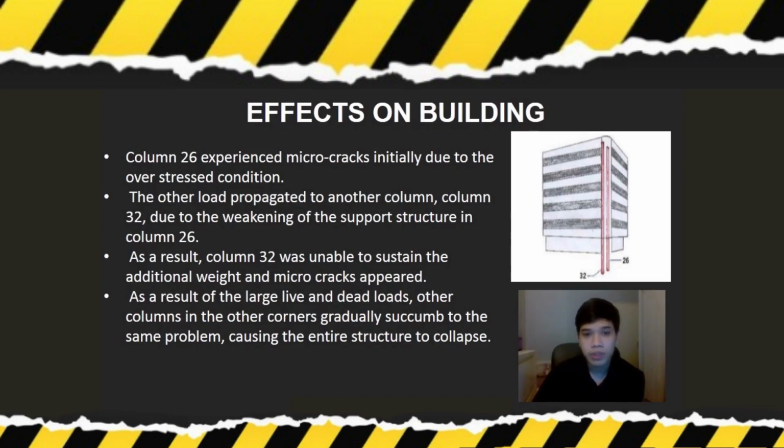The load then propagated to another column, column 32 here, due to the weakening of the support structure in column 26. As a result, column 32 was unable to sustain the additional weight and micro cracks appeared. As a result of the large live and dead loads, the columns in the other corners gradually succumbed to the same problem, causing the entire structure to collapse.